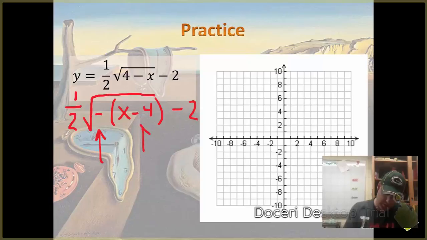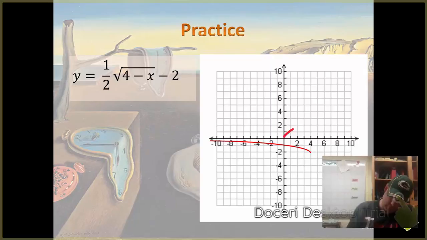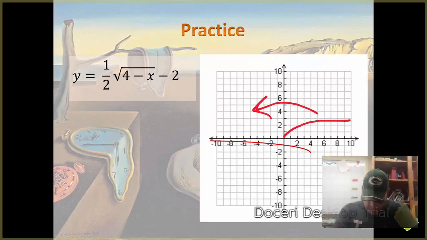This tells you that it is right 4, and this tells you that it is down 2. Okay, reflected across the y-axis. So, it should look like this. A parent function would look like that. It's reflected across the y-axis, and it's stretched out.